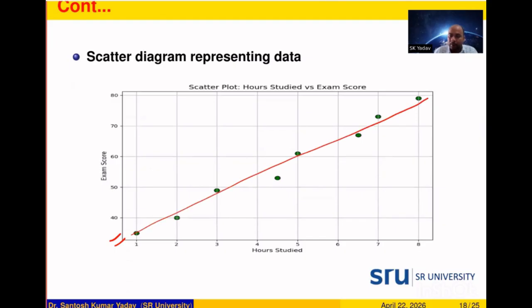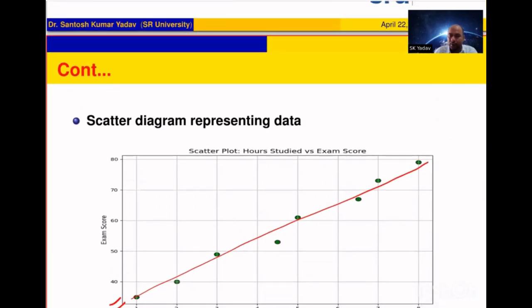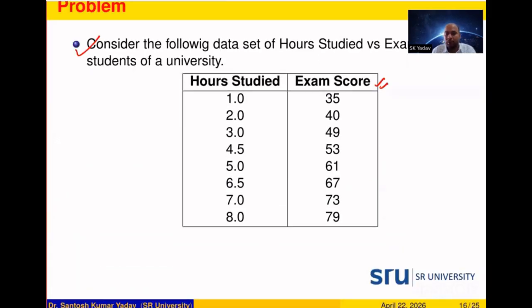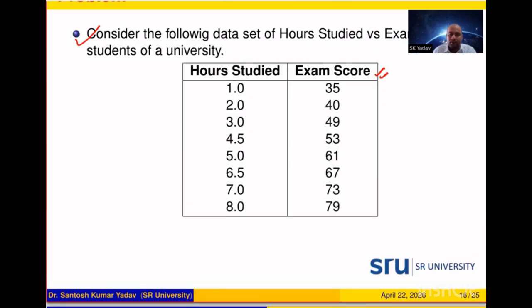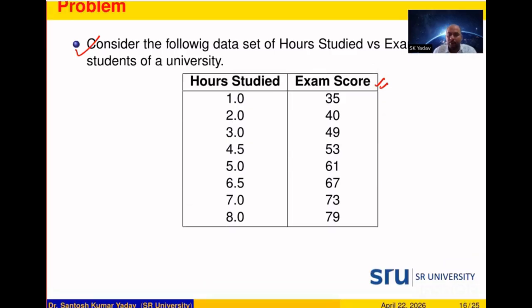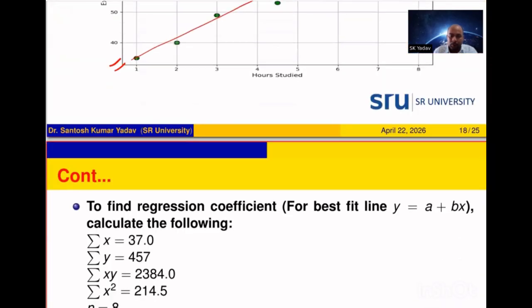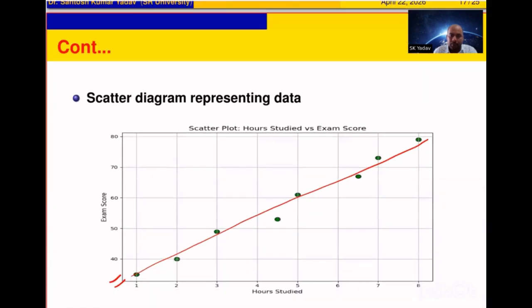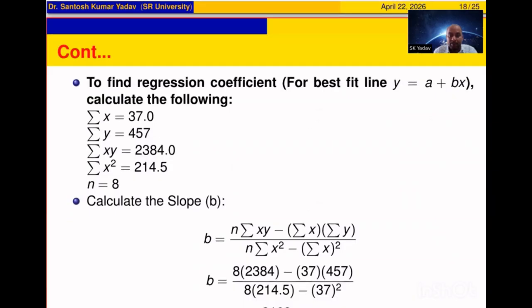Okay, so I can easily see by the scatter plot it has a positive correlation, and by looking at this table I can also see it has a positive correlation because when the number of hours studied is increasing, the exam score seems to increase. And then here I can compute the best fit regression line as in the previous approach.